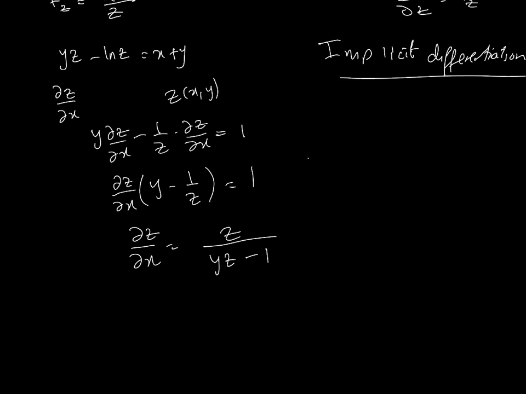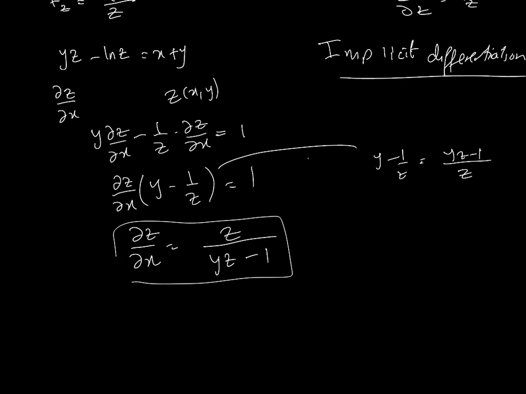Just to clarify, y minus 1 over z is just yz minus 1 over z, so I turn that upside down as it goes to the other side. So that's my x derivative. Here's an example of how implicit differentiation and partial differentiation work: implicit partial differentiation.